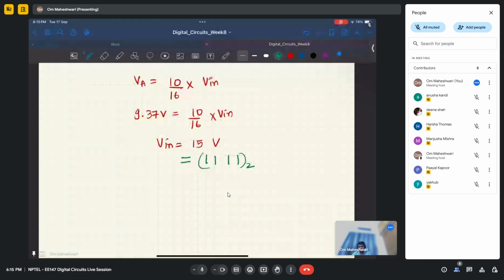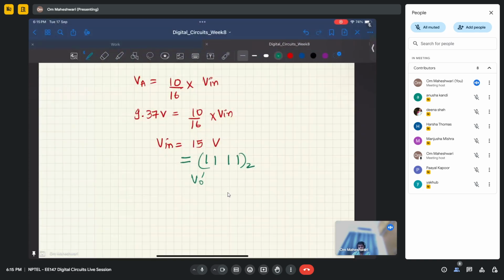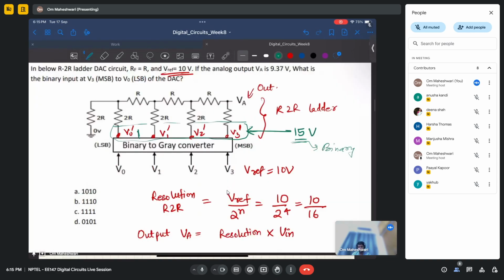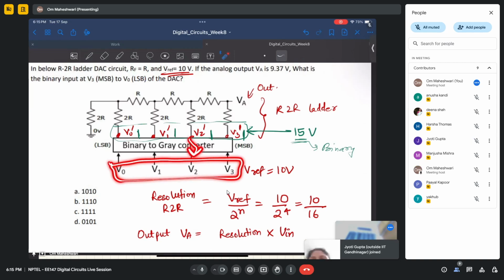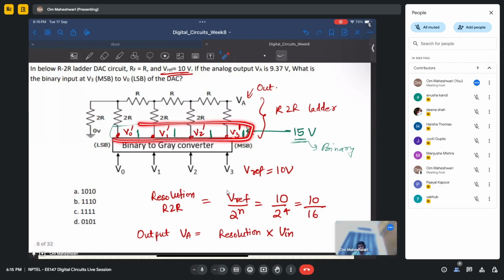So V0 dash, V1 dash, V2 dash, V3 dash is 1 1 1 1. Now our actual inputs V0, V1, V2, V3 are the binary to gray to binary conversions of these numbers.